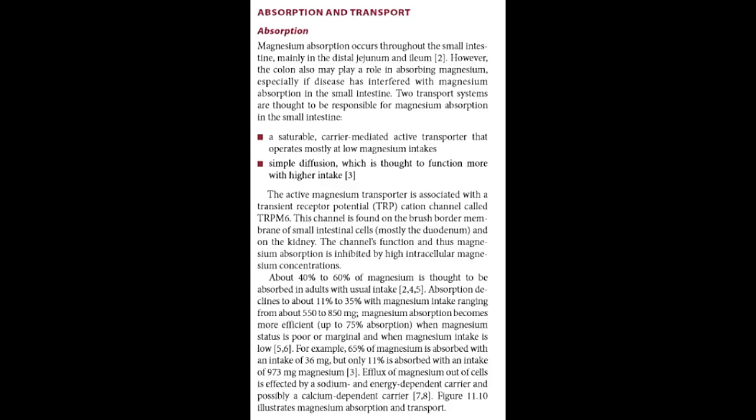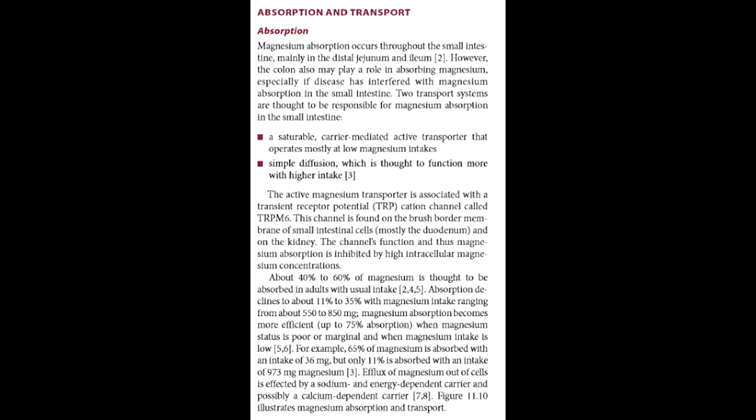Then let us see the absorption and transportation of this magnesium. First one, absorption. This absorption of magnesium takes place throughout the small intestine, especially in the distal jejunum and the ileum.